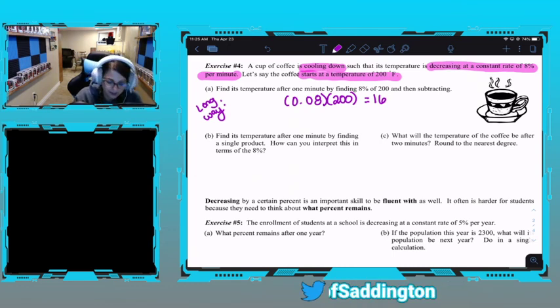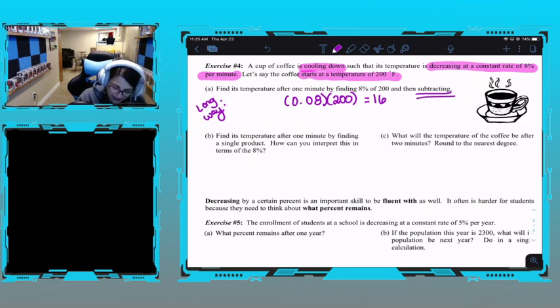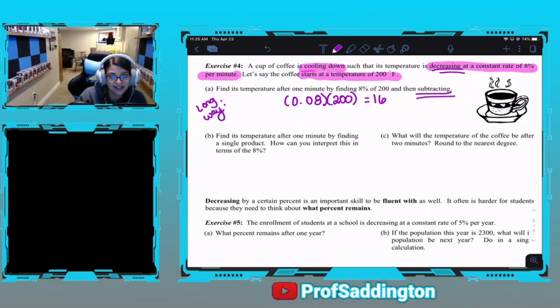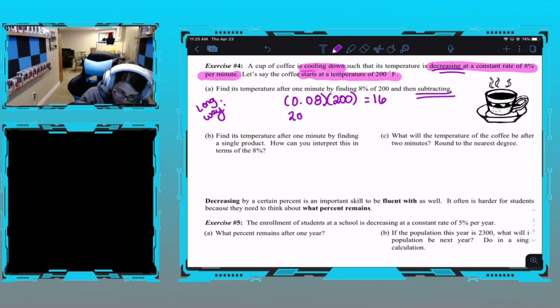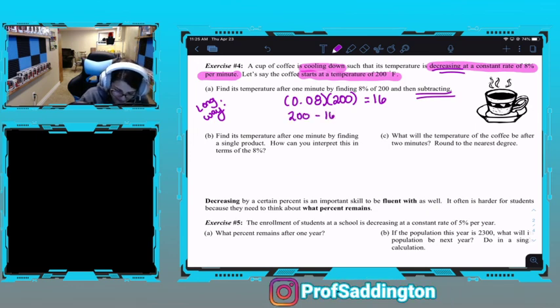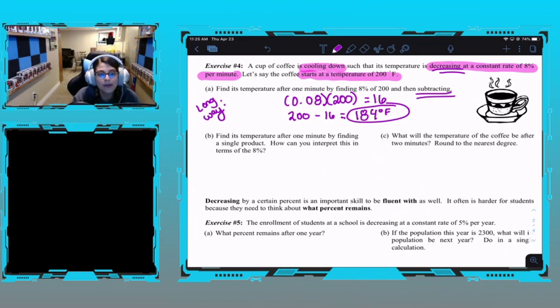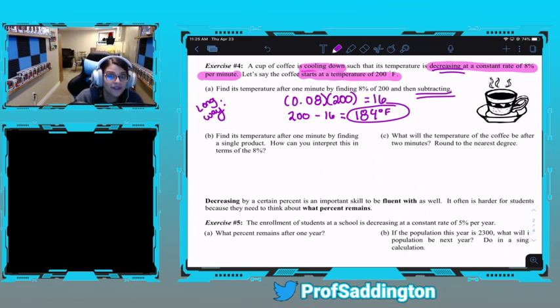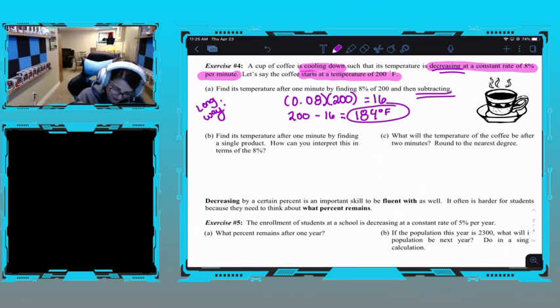Like, no, you're not done. And then we're going to be subtracting it off because we were decreasing. So 200 minus that 16, we're left with 184 degrees Fahrenheit. Which makes sense. If it's decreasing per minute, it's not going to cool down that fast. So, there we go. That's the long way.